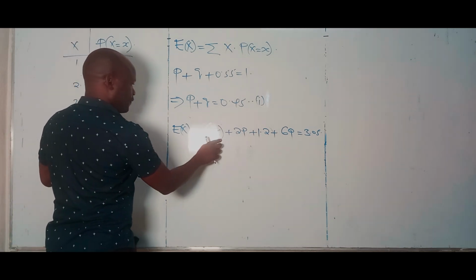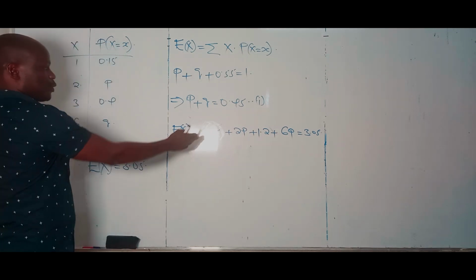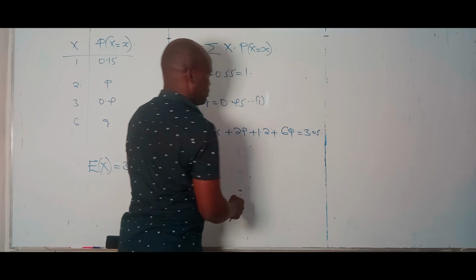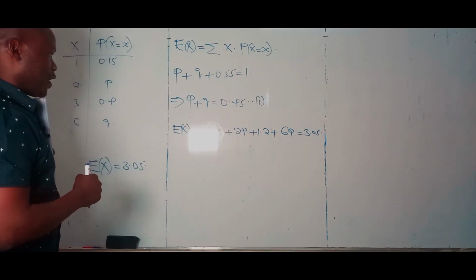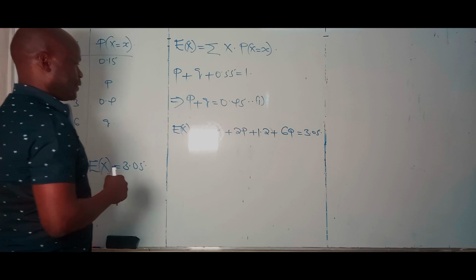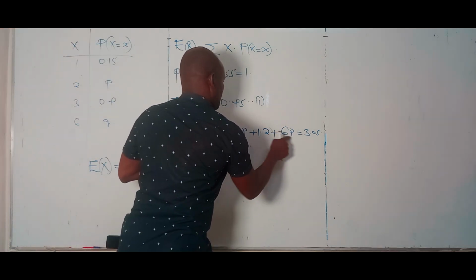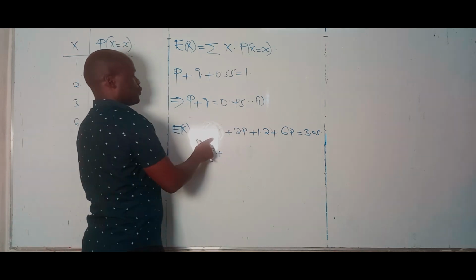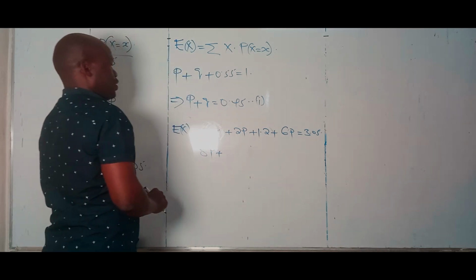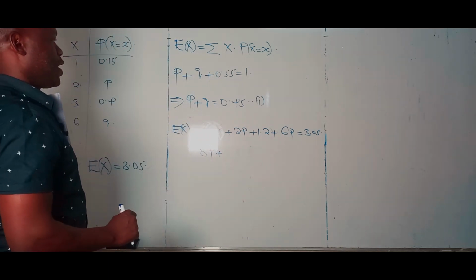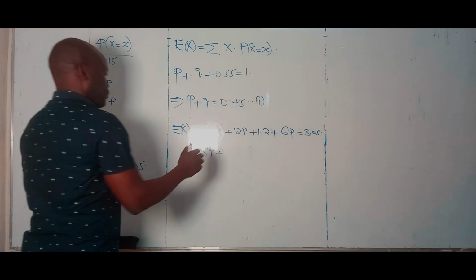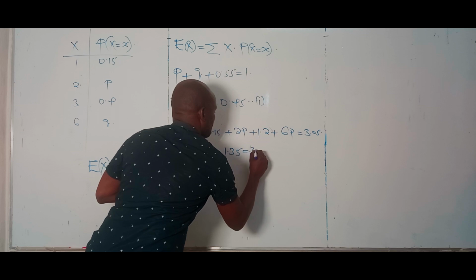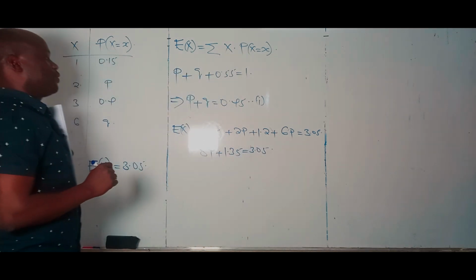So this is just 0.15 because it's 1 times that. So 0.15 plus 2p plus 1.2 plus 6q is equal to 3.05. So we can collect the like terms. 0.15 plus 1.2 is 1.35.